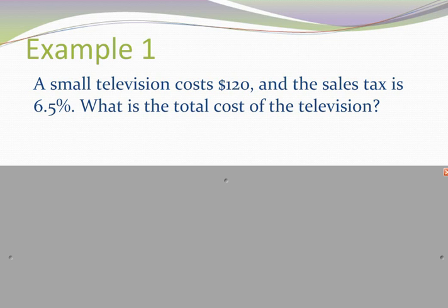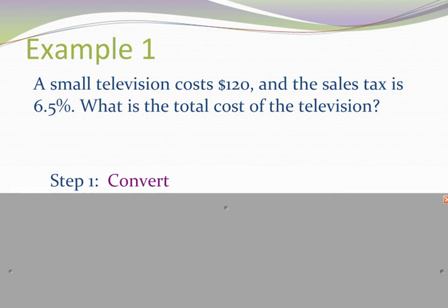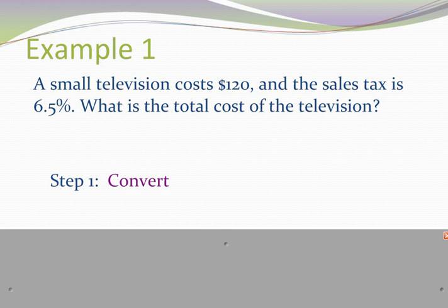Example number 1 says, a small television costs $120 and the sales tax is 6.5%. What is the total cost of the television? Okay. First, we'd like to convert. We want to change our percent, okay, 6.5% into a decimal. We do that by moving the decimal 2 places to the left.